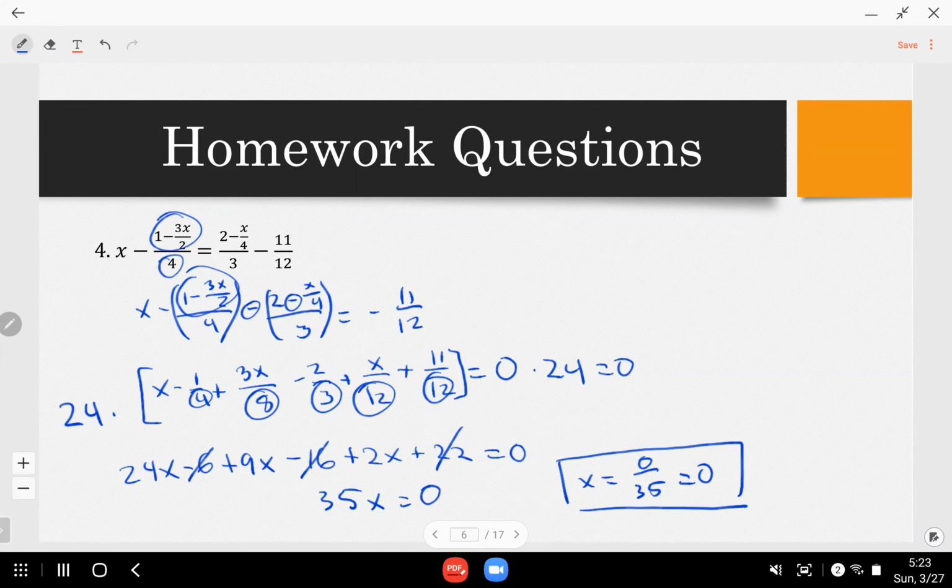Okay, so let's go on to inequalities. The definition of an inequality is a relation that makes a non-equal comparison between two numbers or mathematical expressions. That is what an inequality is.